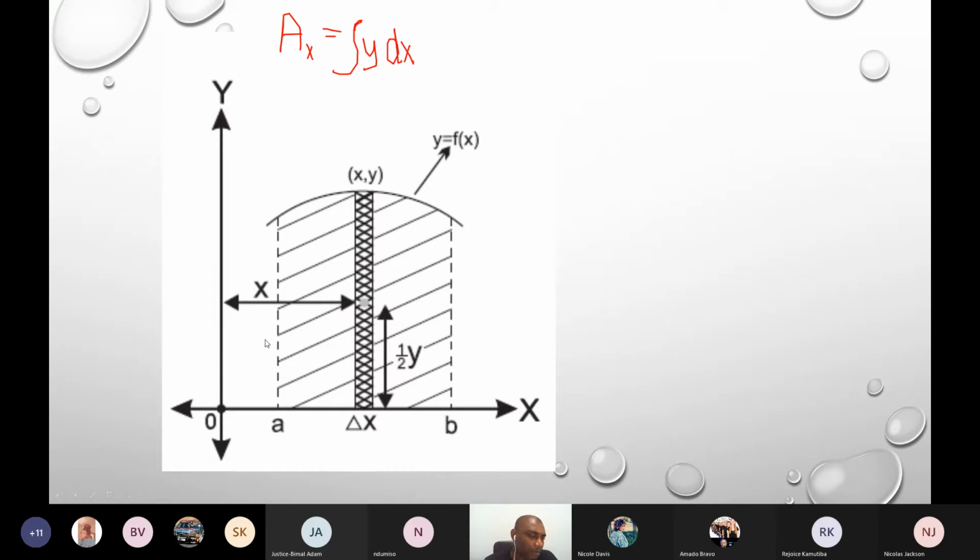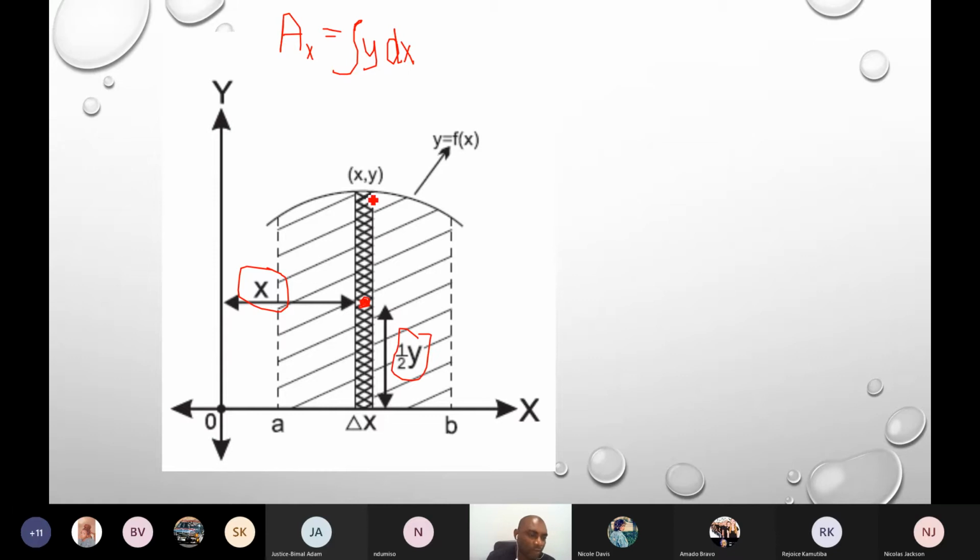Now, something important. When you're looking for area moment, I take a point on the center of the strip there. Now, the distance from the y-axis is going to be x, this one here. And then the distance from the x-axis will be half y. Why is it half y?